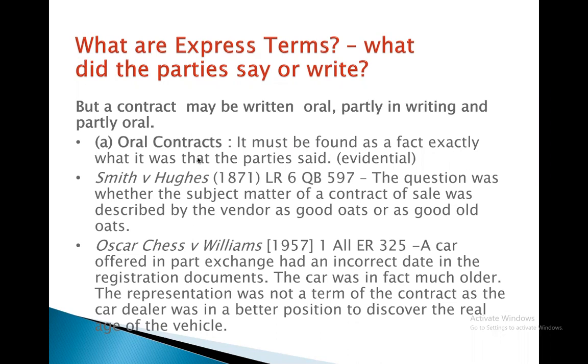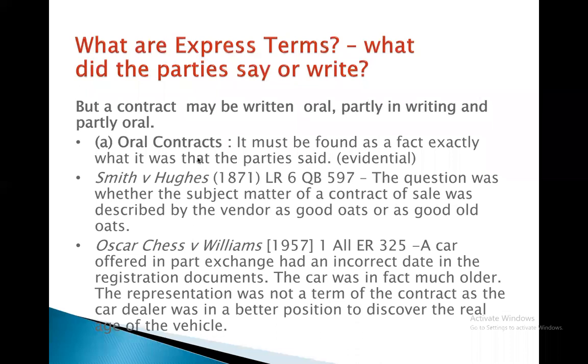How do we find out what it is that the parties actually said or wrote? What is it that they agreed upon? Here is the case: the contract we're dealing with is not in writing. So how can we be sure of what forms part of a contract and what does not form part of a contract? Those are the matters we want to be exploring.